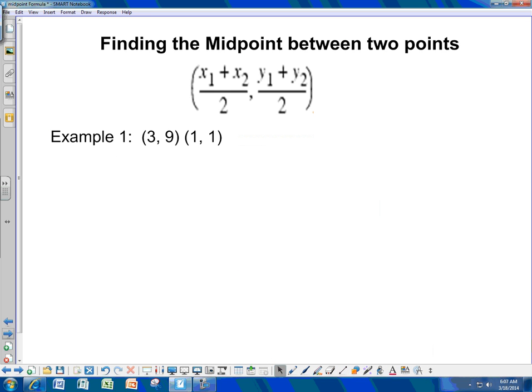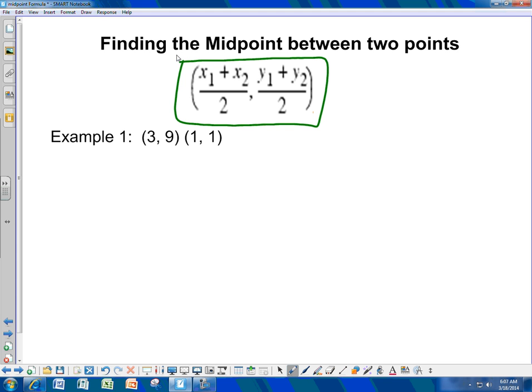Okay, so looking at our first example, we're given 2 points and we're asked to find the midpoint. So we're finding the middle of the point 3, 9 and the middle of 1, 1. So we're finding the midpoint between those two locations. All right, we're going to use the formula, again, x1 plus x2 divided by 2 and y1 plus y2 divided by 2.